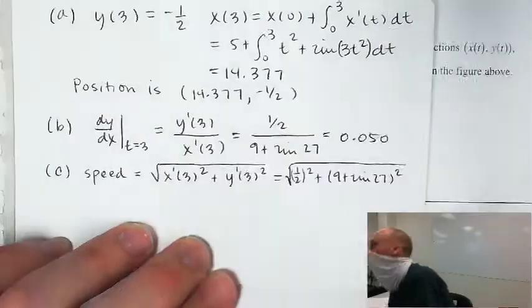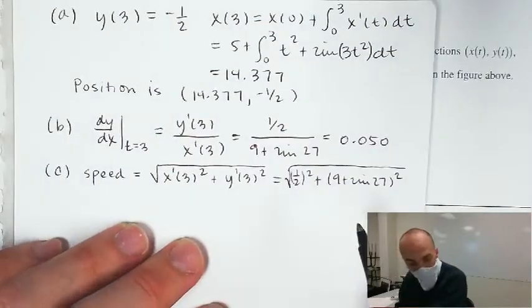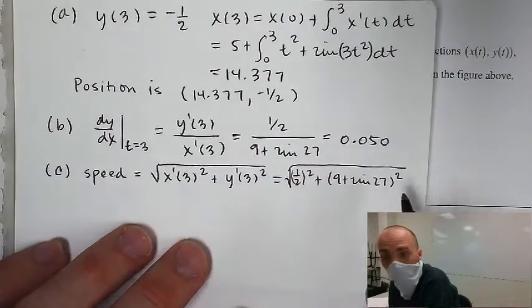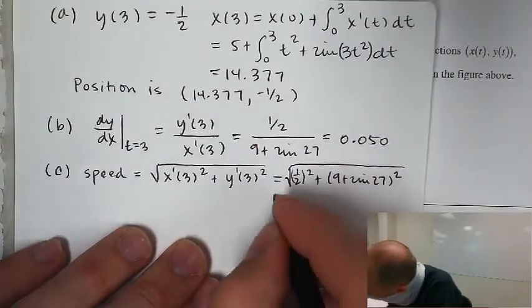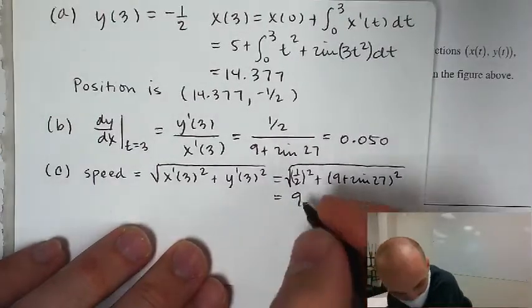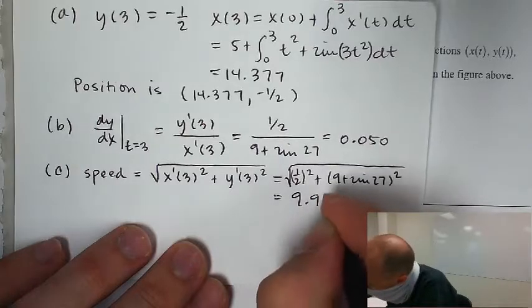So again, if you had no calculator, we could stop here and be happy, but I know you all generally like to get to a 3 decimal solution. So that was 9.969.